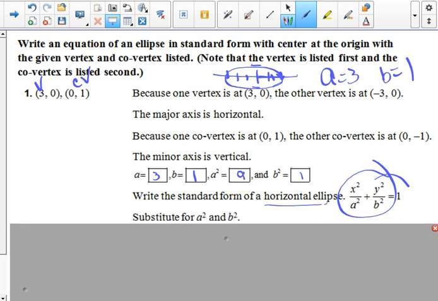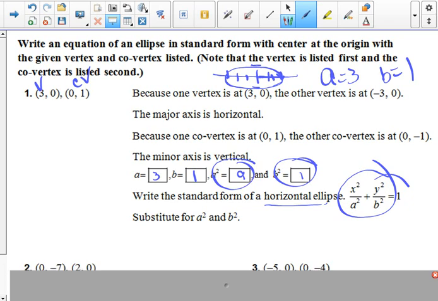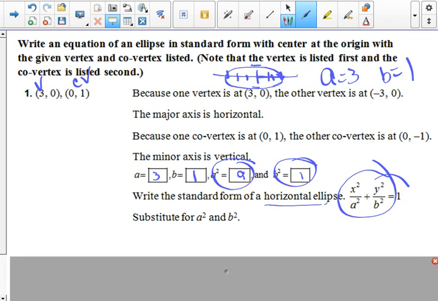And now substitute for your A squared and B squared. A squared is 9, B squared is 1, so substitute those. So now you're just going to finish the problem off right there. So it's going to be X squared over A squared, which is 9, plus Y squared over B squared, which is 1, equal 1.